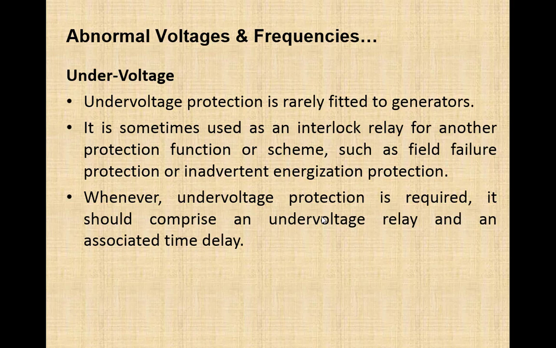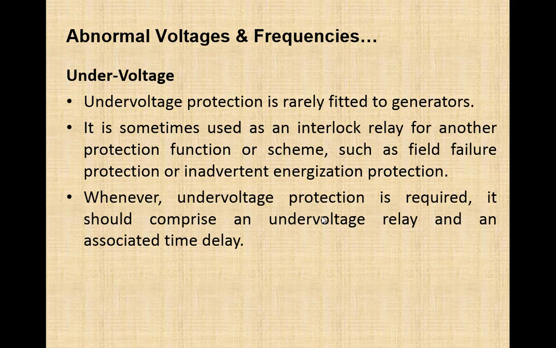Another important thing, whenever under voltage protection is applied for interlocking or any other application, make sure that its operation should be delayed. Otherwise, under voltage relay may cause tripping in case of faults. Whenever fault occurs, there will be a dip in voltage at the terminal of the generator, and fault will be removed within few milliseconds and voltage gets restored to the normal value.